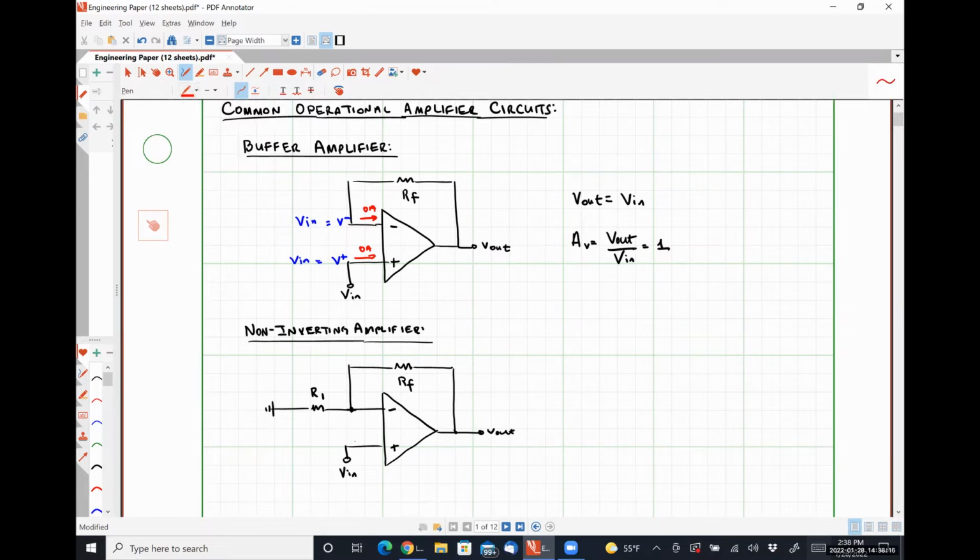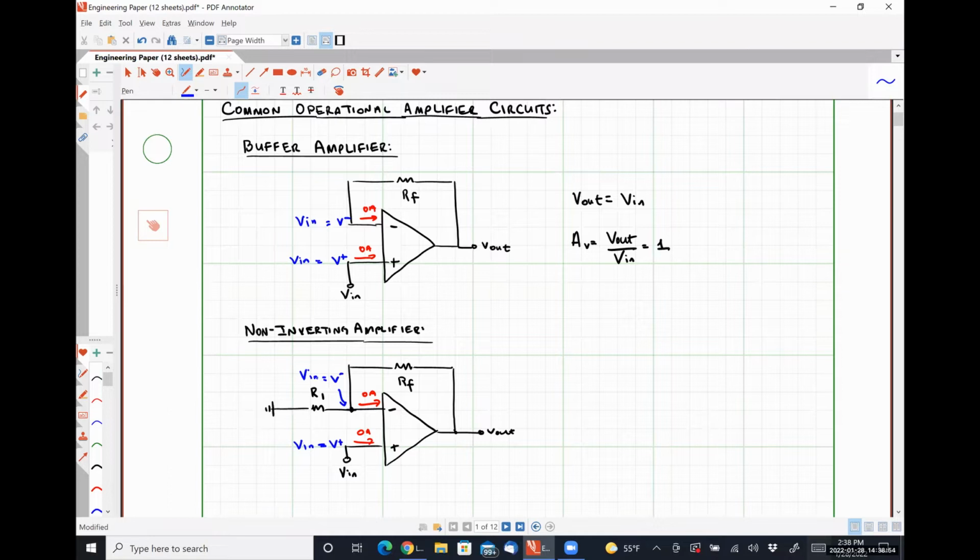So again, recognizing that no current can flow into or out of my input terminals, Norman, what's the voltage present at my non-inverting input terminal? Just Vin. Bradley, what's the voltage present at my inverting input terminal? Also Vin.